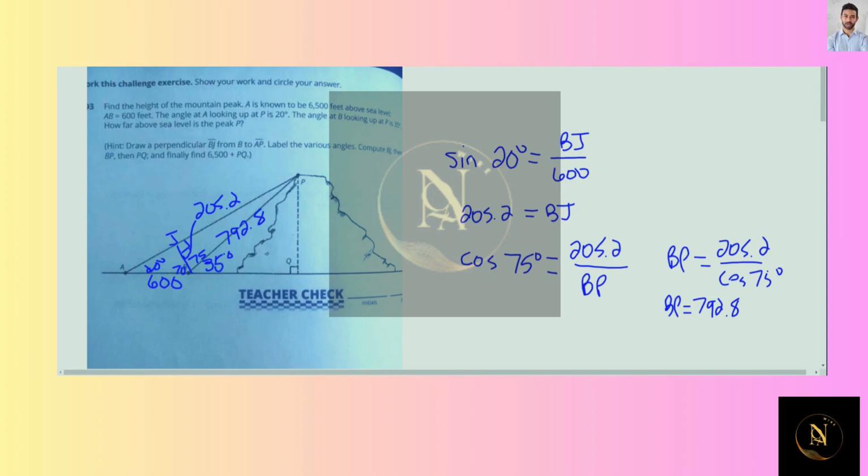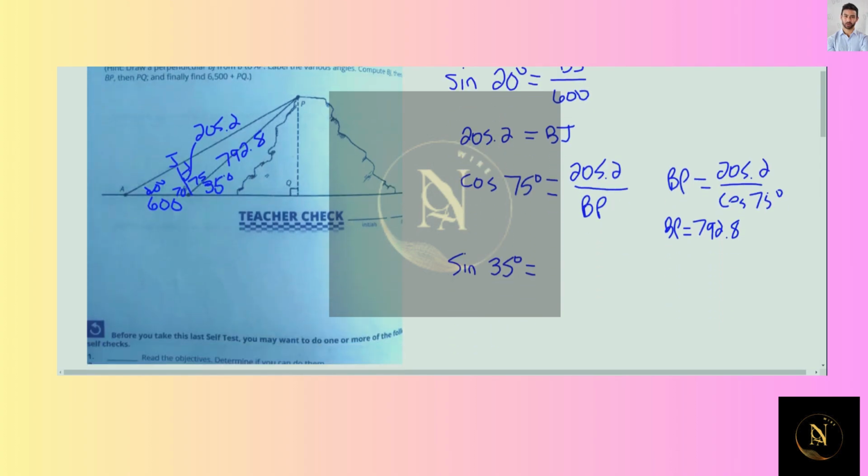And now we have a measure in this right triangle, where we want to find PQ. From the 35 degree angle, PQ is opposite. We now know the hypotenuse, that is sine. Say the sine of 35 degrees is equal to the opposite, which is PQ, over the hypotenuse, 792.8.